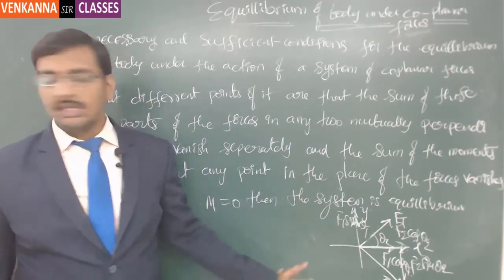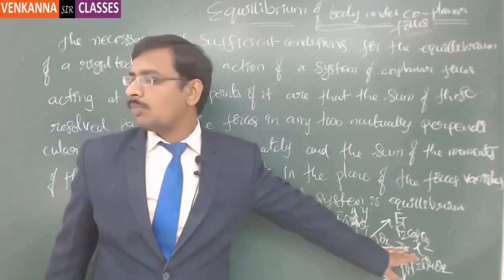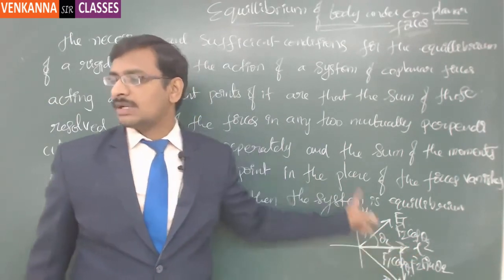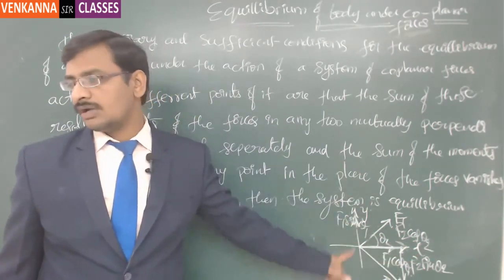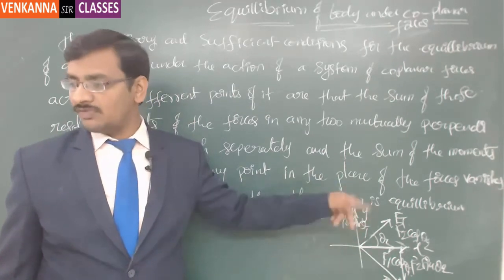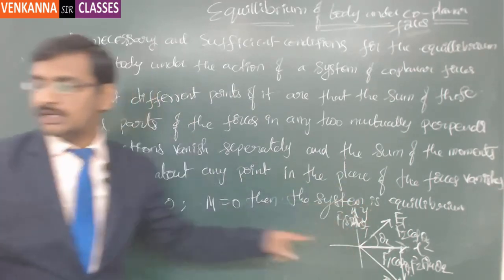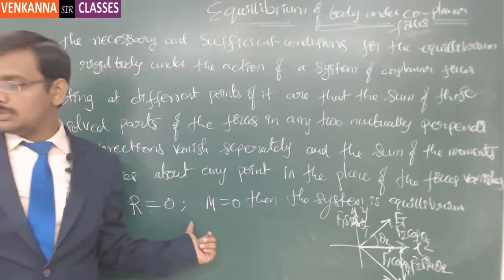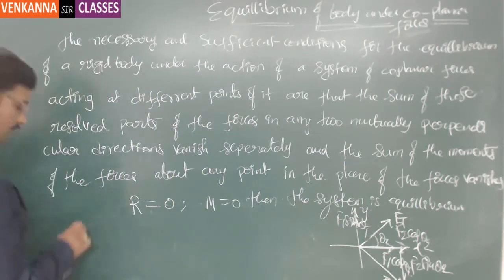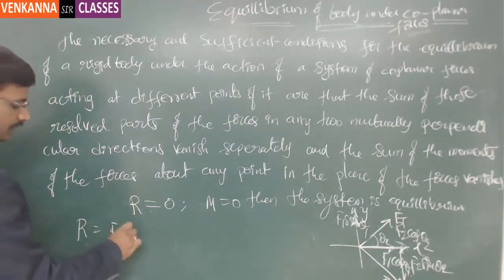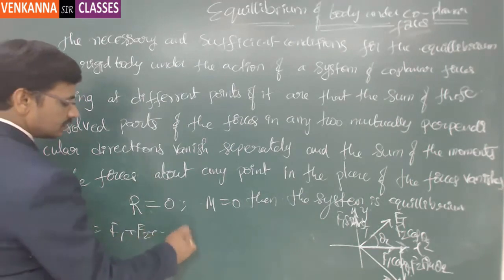Now, if the sum of all the individual components along the x direction and the sum of all the individual components of the forces along the y direction vanish, then we are definitely sure that R is equal to 0. R is nothing but F1 plus F2 plus dash dash dash Fr.